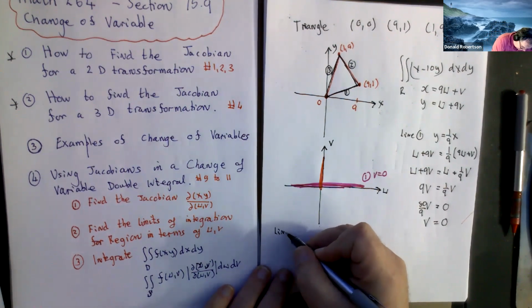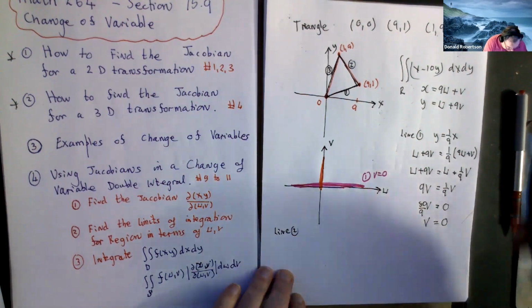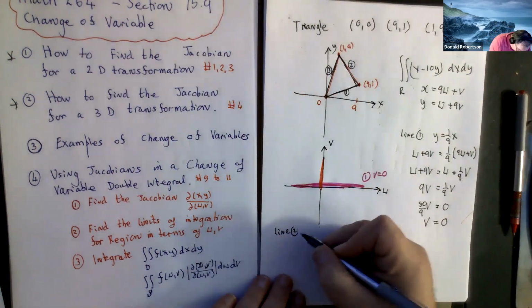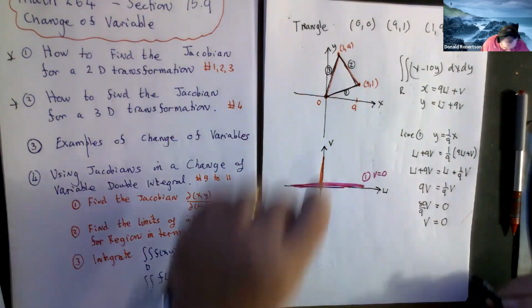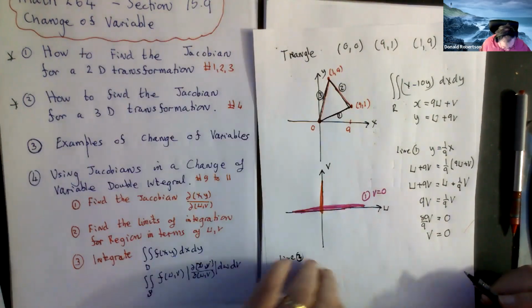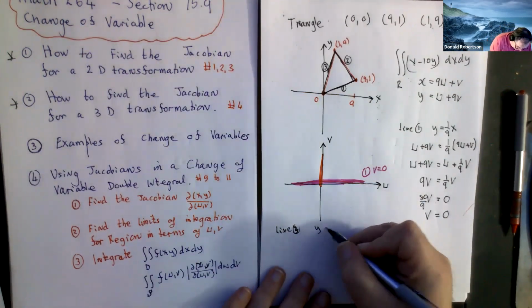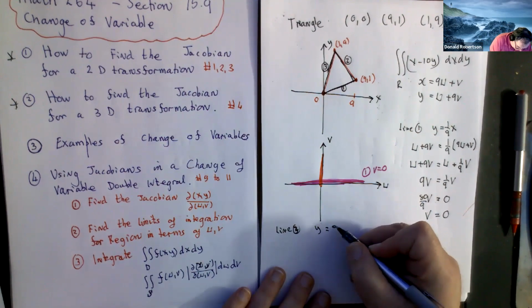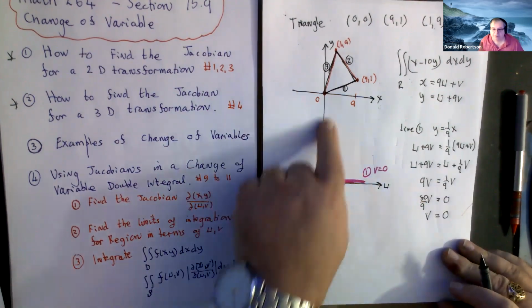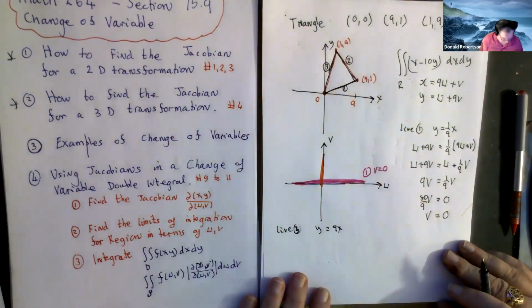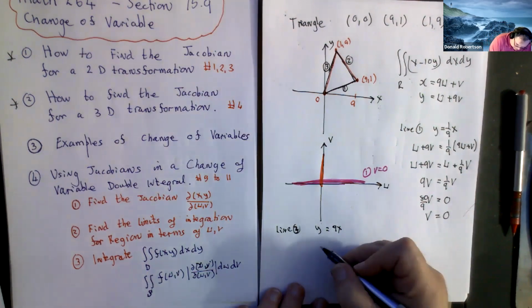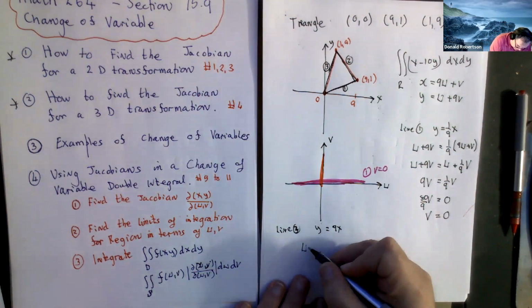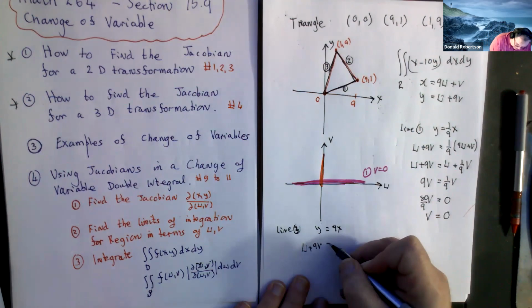Let's take line 2. Actually, let's do line 3. It'll be easier. Line 3 is this guy, and line 3 is y equals 9x, passes through the origin, and its slope is 9. The y gets replaced by u plus 9v again.